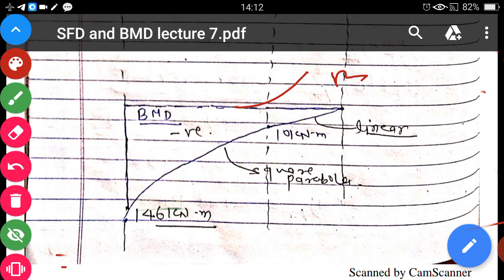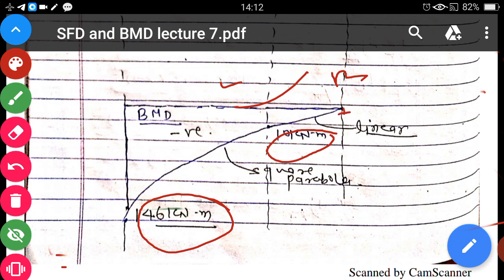You can see in the calculation at point B the bending moment is minus 10 kilonewton meter. Because the bending moment is negative, we take the values below the baseline. Above the baseline is positive and below the baseline is negative. That is 10 kilonewton meter at point B, and at point A minus 146 kilonewton meter. Here is a point load, that's why here the bending moment is an inclined line.